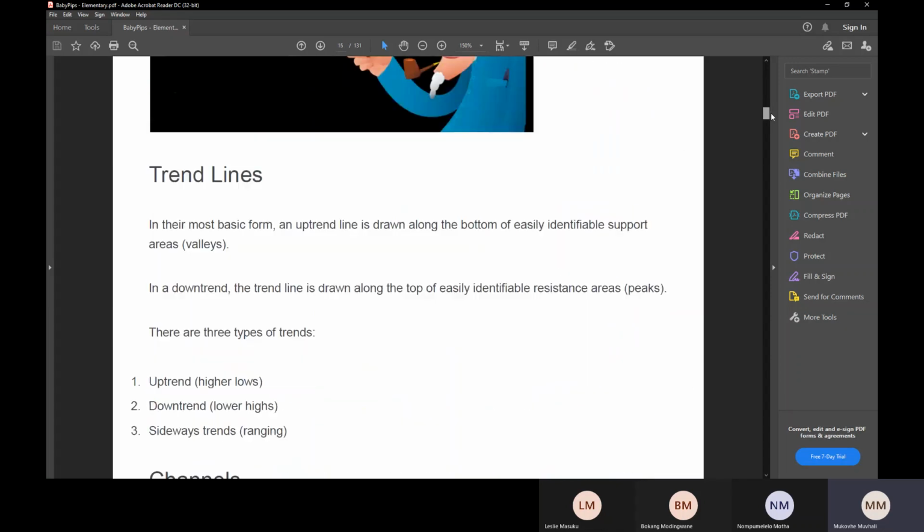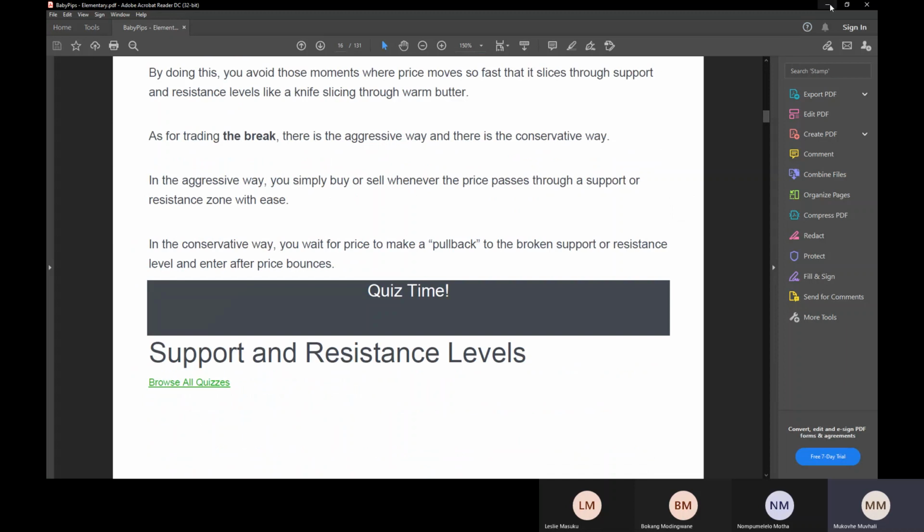Yeah, let me just open my trading platform so that we can just look at some of the patterns.